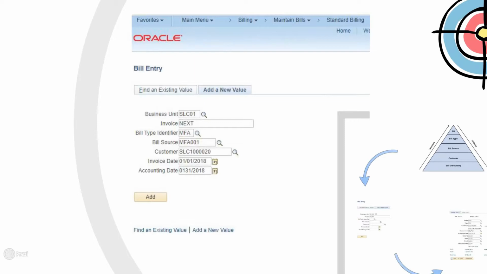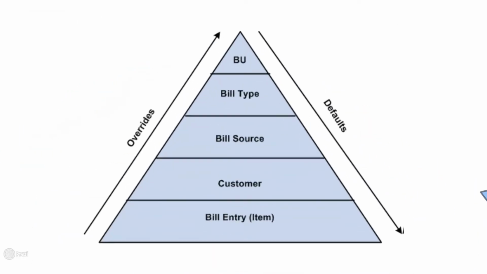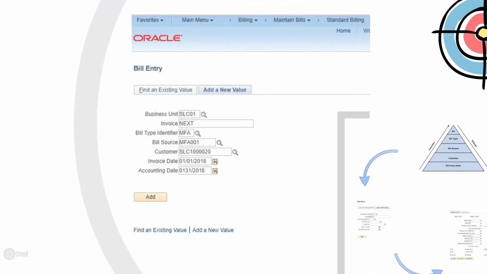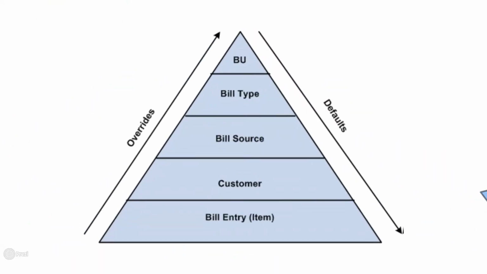In the SLCO 1 business unit, there are several defaults that are set, and what I mean by this is if we look at the pyramid, this is the hierarchy of defaults. Business unit is at the top, so it's kind of like the main default. The bill requires you to fill out this business unit field, and if I just fill the business unit out and click add and begin creating my bill, it's going to grab only the defaults from the business unit.